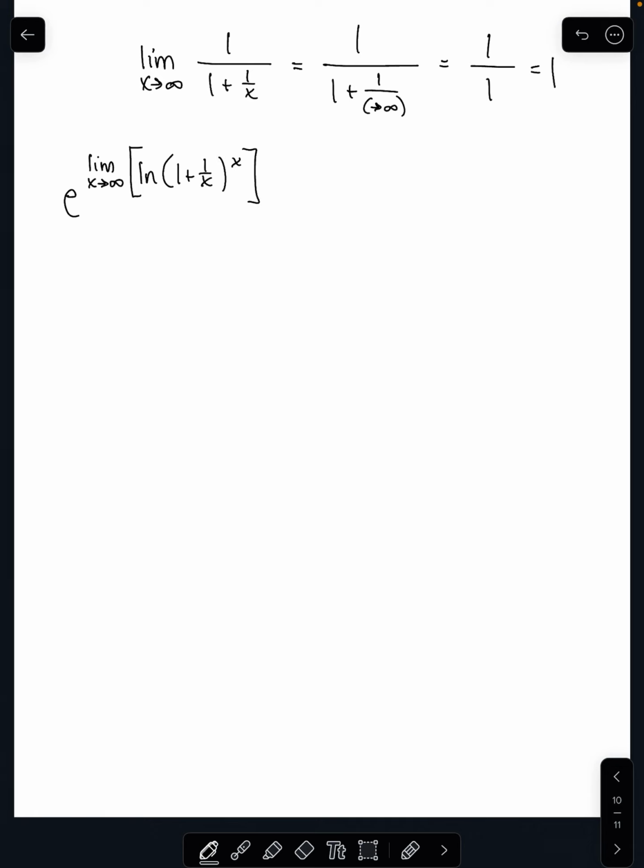And through a series of algebraic steps, we turned this into e to the limit as x approaches infinity of 1 over 1 plus 1 over x, which means that overall, this limit is going to be equal to e to the first. Thus, our original limit, as x approaches infinity of 1 plus 1 over x to the x, is equal to e.